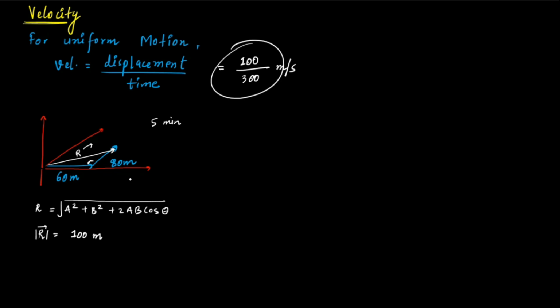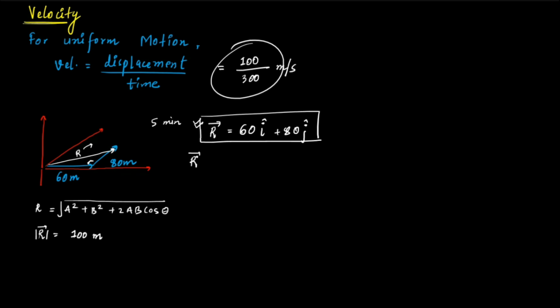And again, we have to write the direction. We can also write the same thing in vector form, like how? Let me write the displacement first. So displacement, I'm assuming it as r. So r can be written as 60 i cap plus 80 j cap. This is how the resultant can be written in the form of a vector.